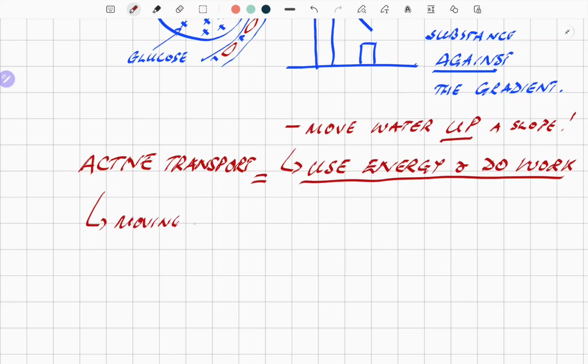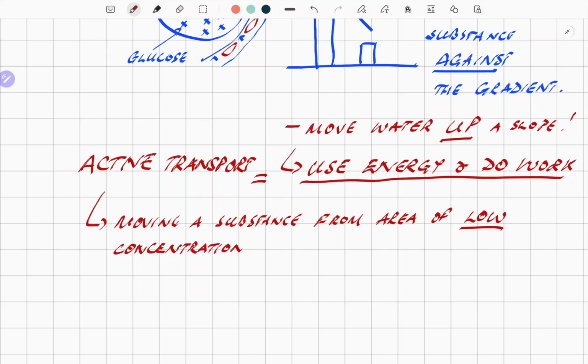Moving a substance from an area of low concentration to an area of high concentration using energy.